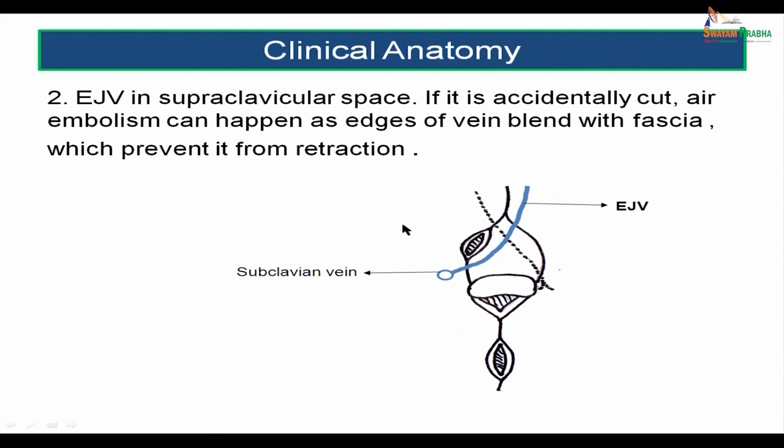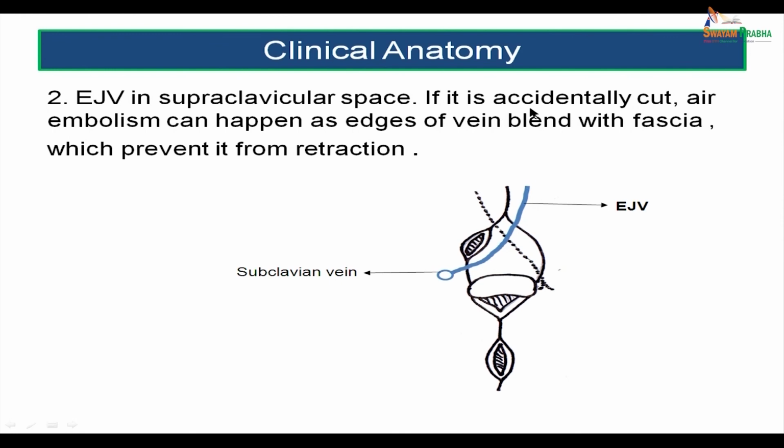Looking at this diagram, we can recollect the supraclavicular space. We are concerned with one important content, that is the external jugular vein. The external jugular vein passes through the supraclavicular space, and as it passes through it, it is attached to the anterior layer of fascia.